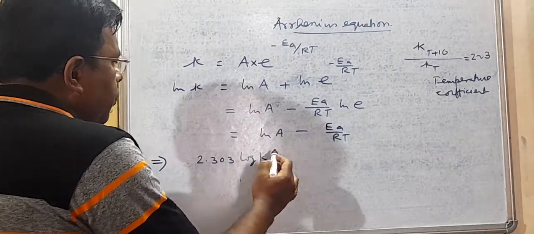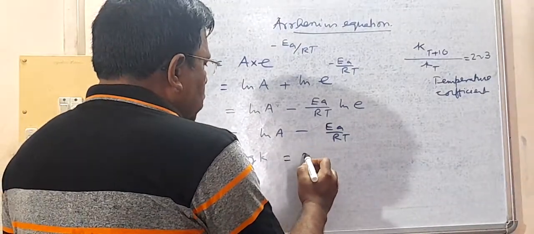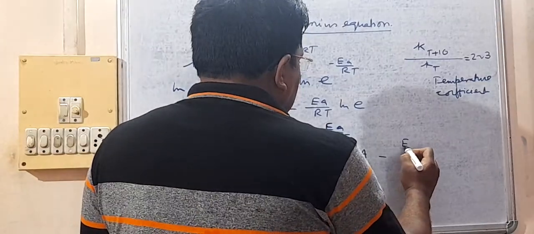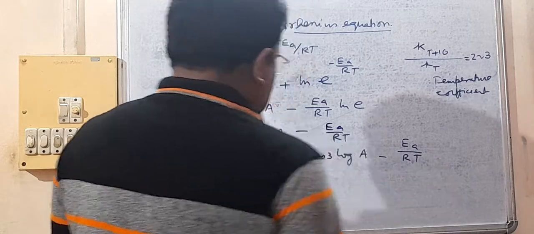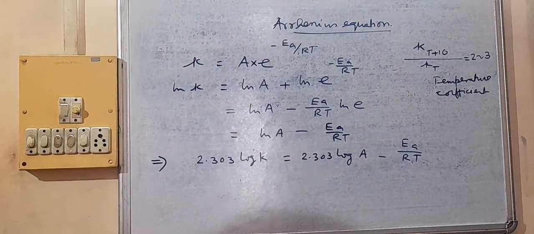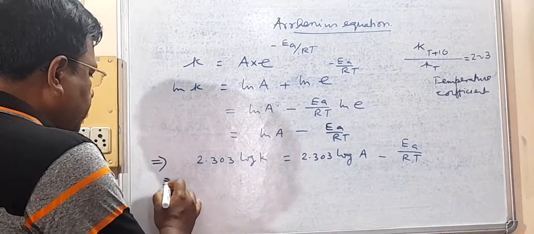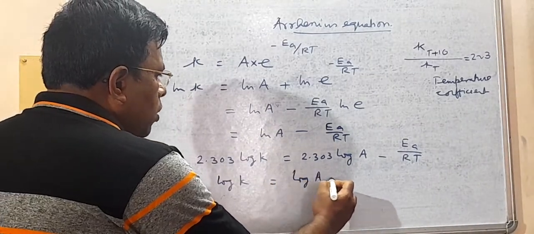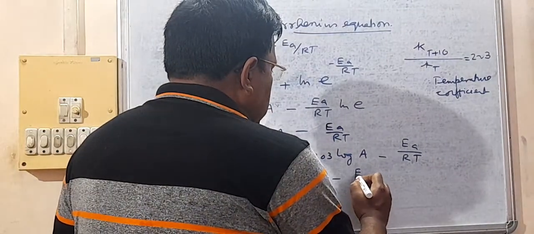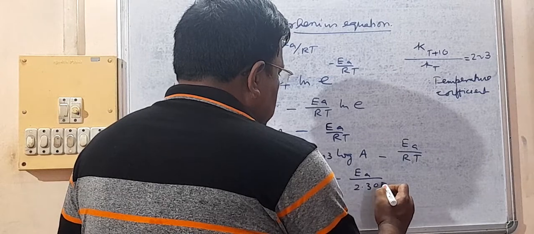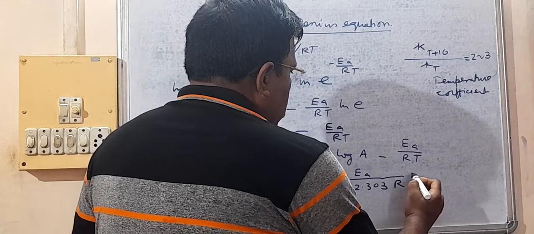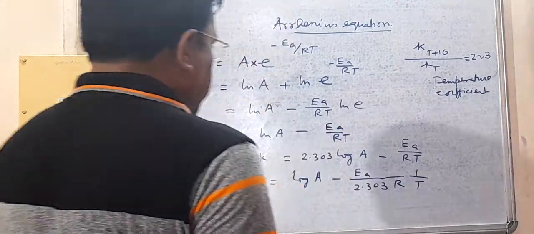So log k is equal to 2.303 log A minus Ea by R, and if we divide both sides by 2.303, we have log k is equal to log A minus Ea by 2.303 RT.